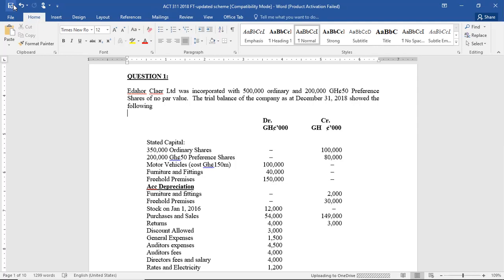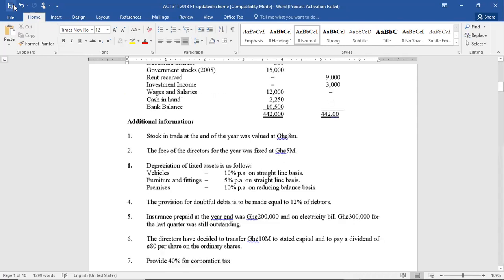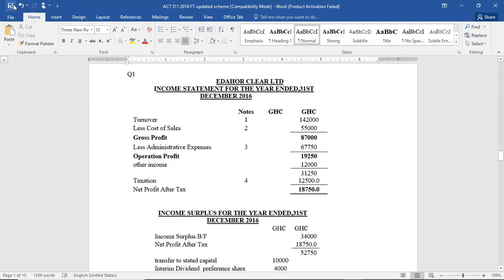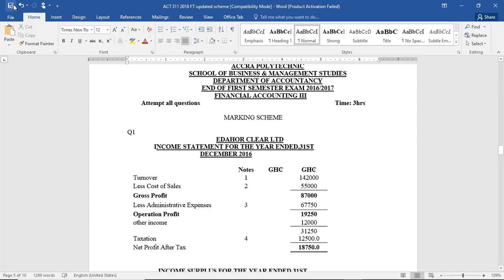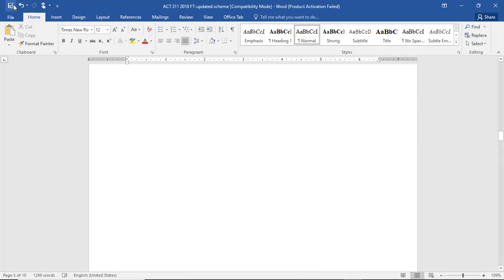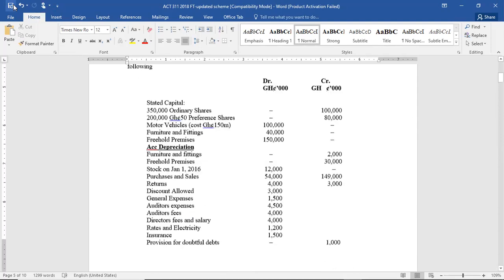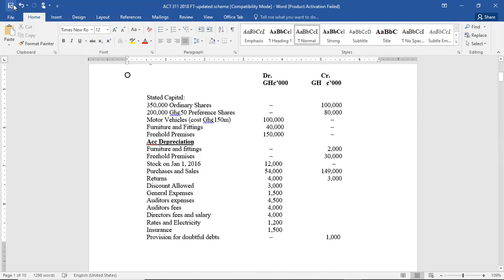Then you are going to have 3 separate columns or 4 separate columns. And the columns is just going to look like this. You have turnover, you have notes, and then 2 Ghana cedi symbol sides. So just do it just like that. You have the notes column, then you have 2 Ghana cedi symbol sign, where you can put the debit transactions and where you put your credit transactions.